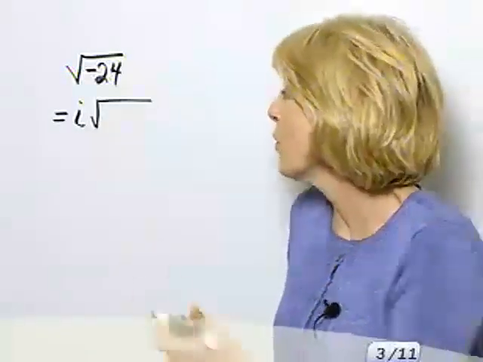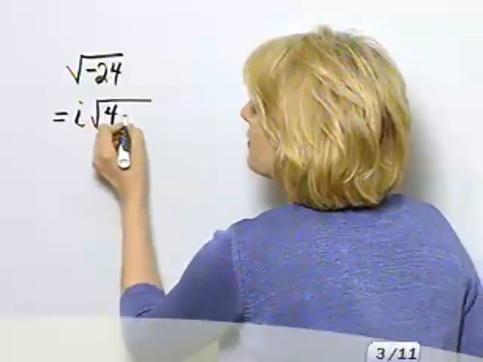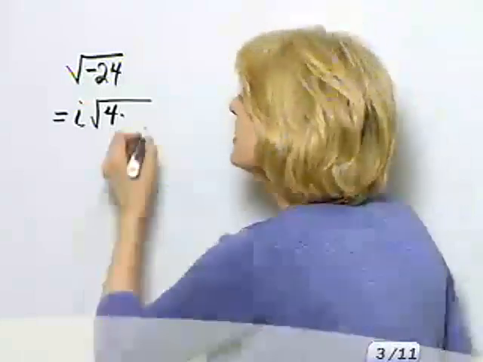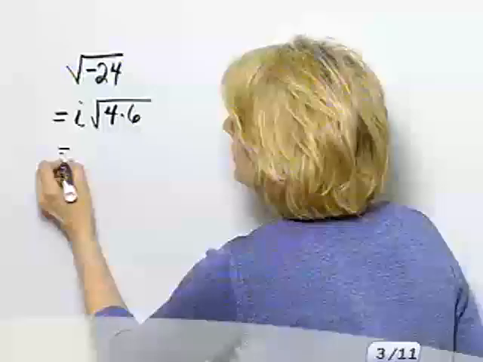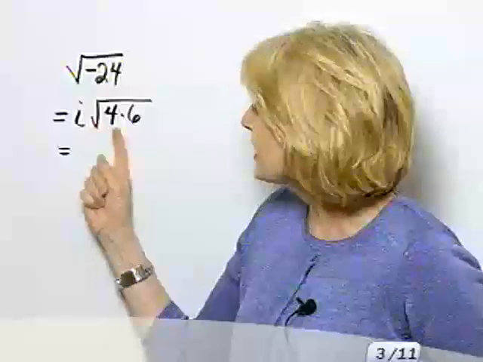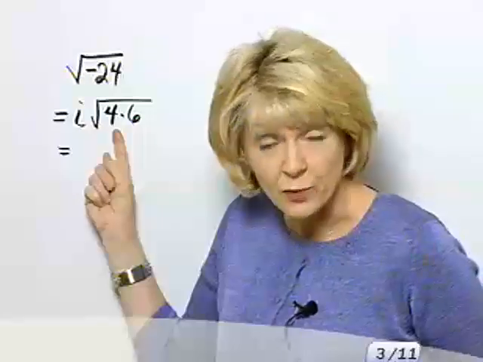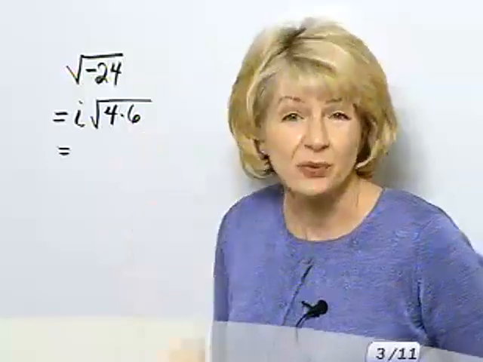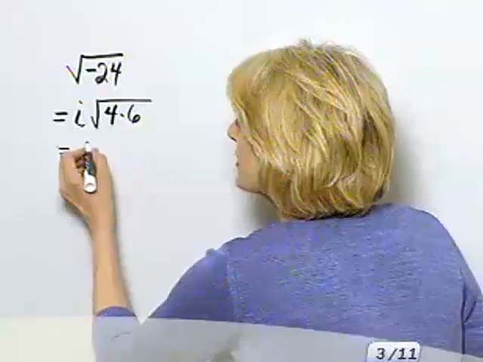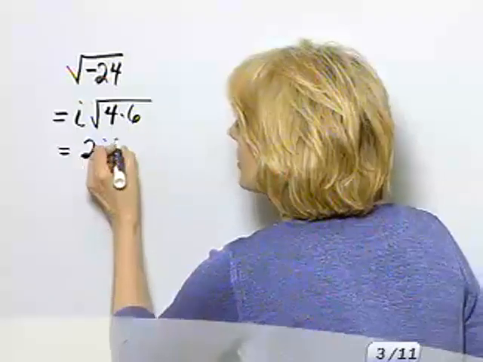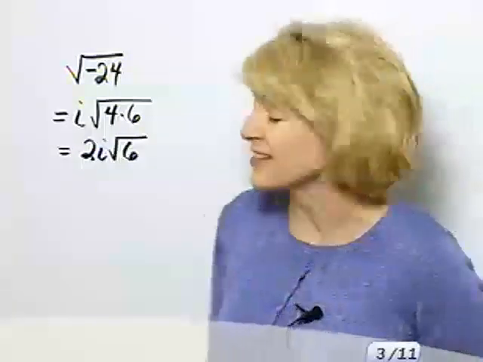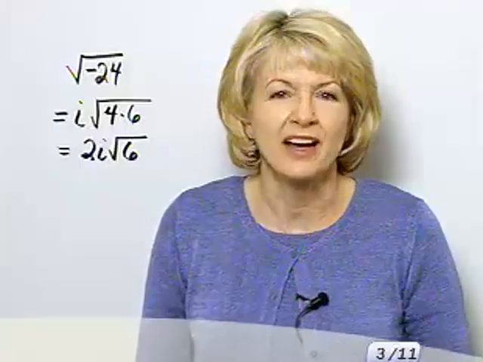Well, I know 4 is a perfect square factor of 24, and 4 times 6 is 24. So this is i times 2 by the product rule times square root of 6. And I'll write that as 2i square root of 6. So a little simplifying there.